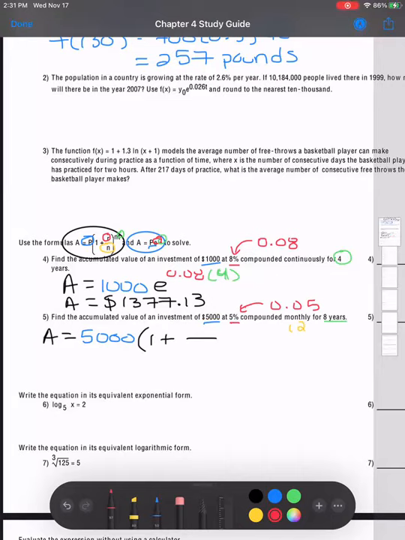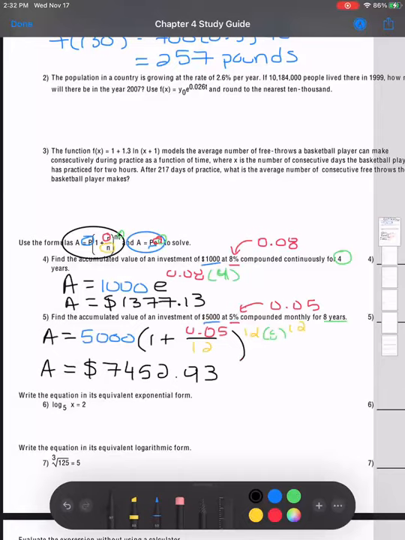So 0.05 over n, which is 12, to the power of n, which is 12 again, times t, which is the 8. And then you're going to go ahead and put everything into your calculator. And when you do that, you are going to get $7,452.93.